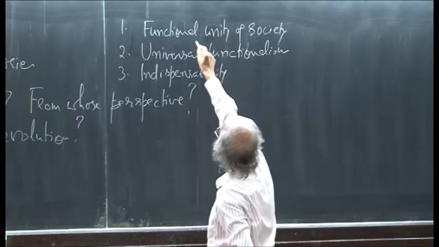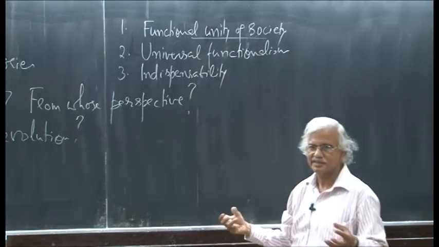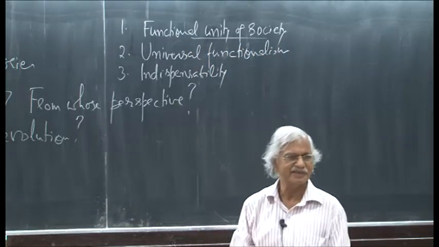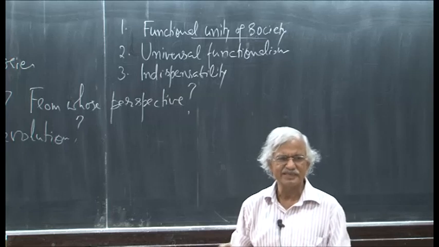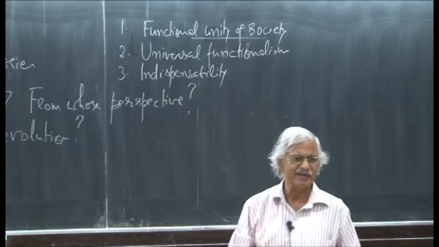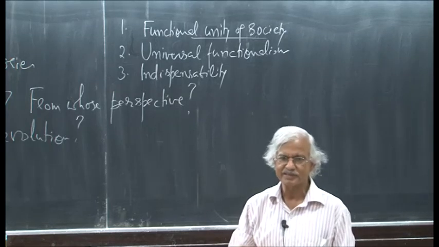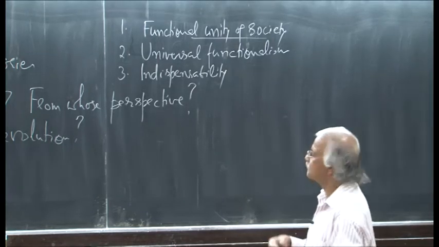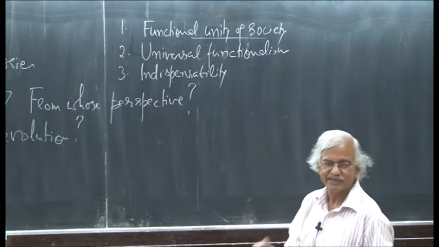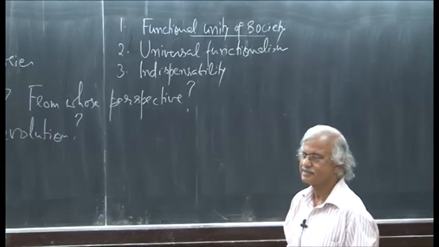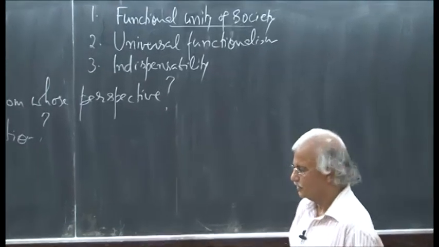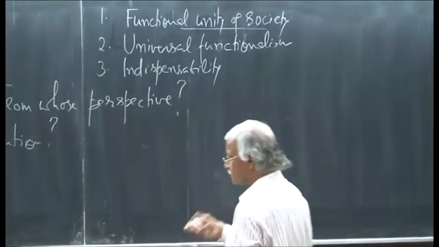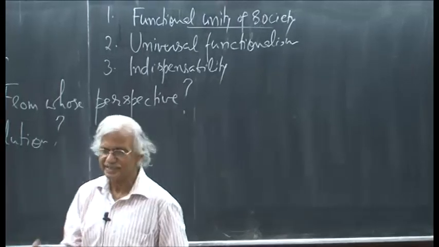According to functional unity of society, society consists of interrelated parts. Everything is correlated with everything else. One social fact is correlated with other social facts. One thing changes, everything changes, the whole society changes. Comte talked about statics and dynamics.